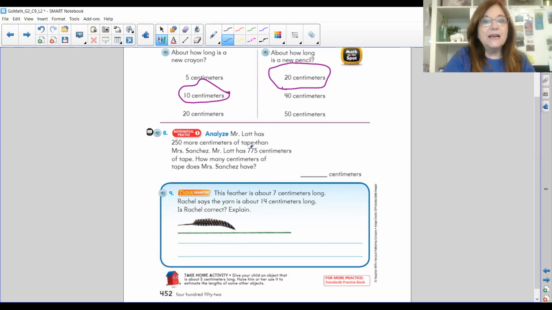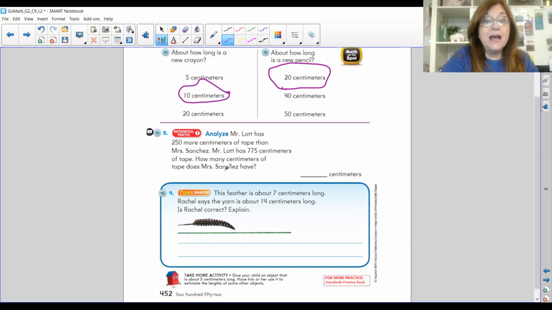Now, Mr. Lott has 775 centimeters of tape. And how many centimeters of tape does Mr. Sanchez have? Now, if Mr. Sanchez has less and Mr. Lott has more, that means that Mr. Sanchez is going to have less than 775. And how much less than 775?